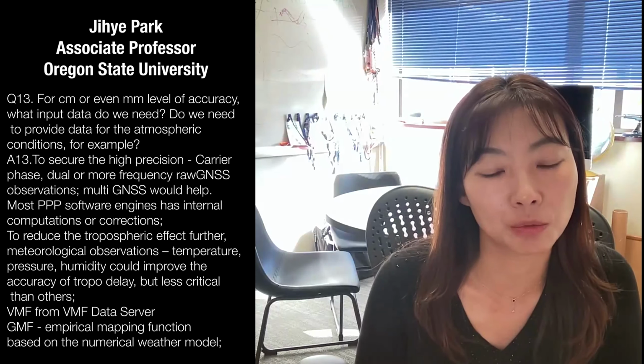Then you can accurately calculate the tropospheric effect at the moment of your data collection. However, it's less critical than others because, as I mentioned earlier, some atmospheric parameters like pressure and temperatures are pretty stable, so you can get relatively highly accurate hydrostatic delay models and mapping functions.